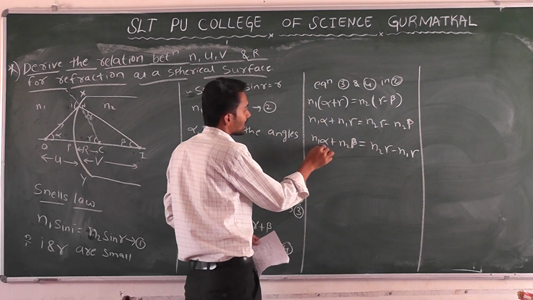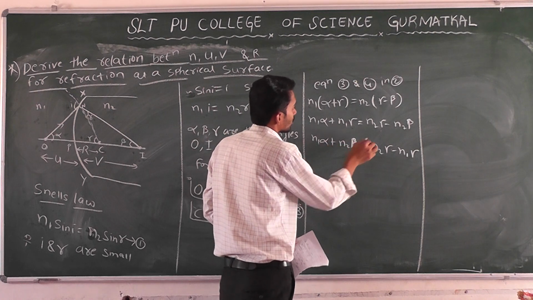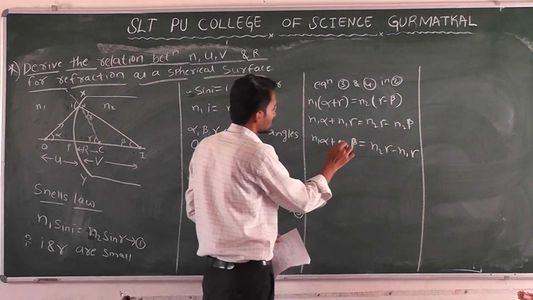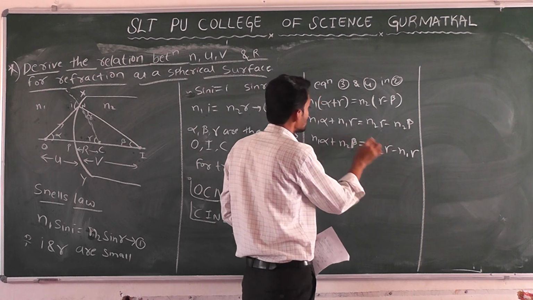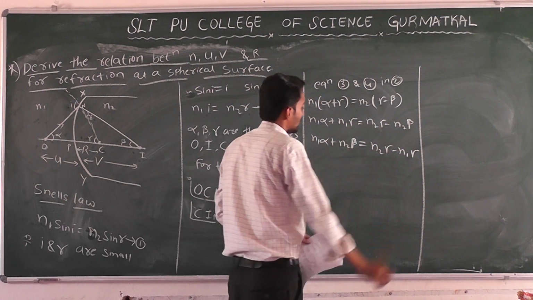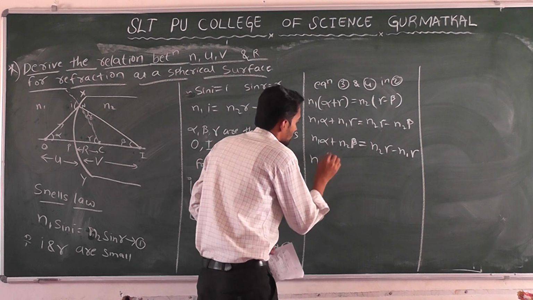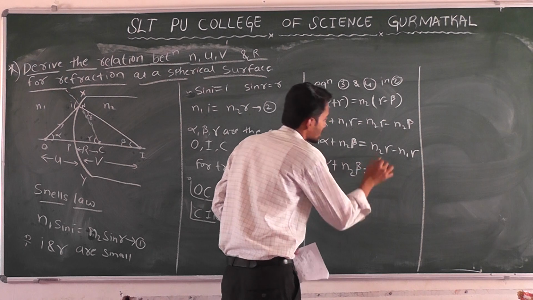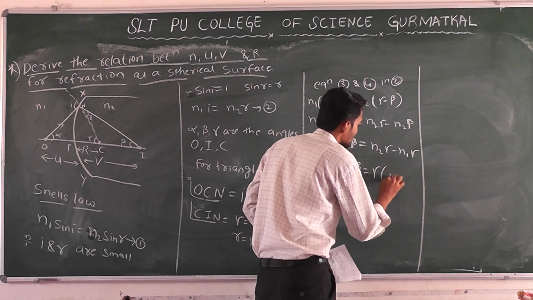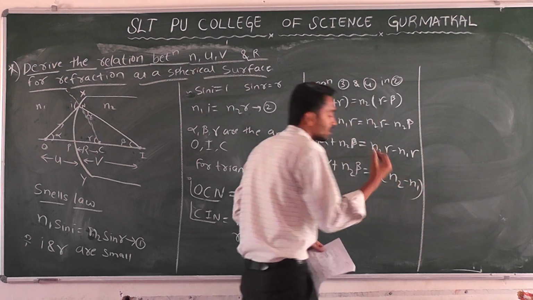Here N2 beta we are taking to this side, and N1 gamma to that side. So N1 alpha plus N2 beta is equal to, what is the common term? Gamma times N2 minus N1.